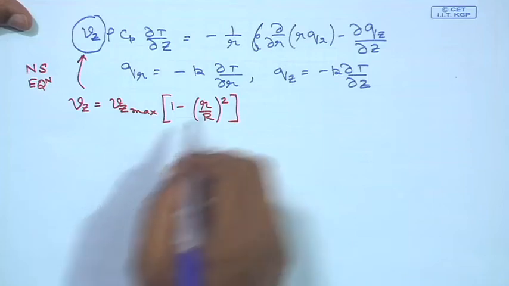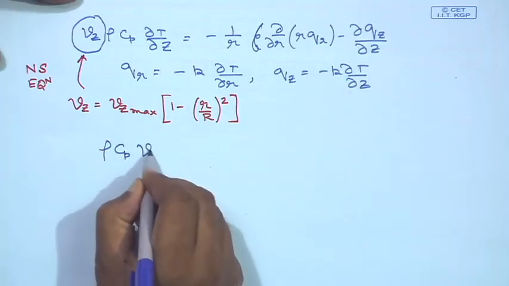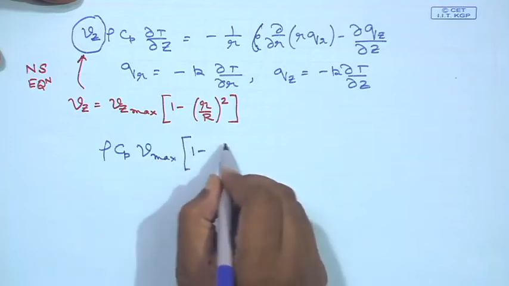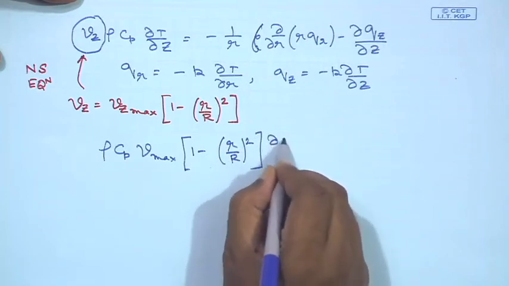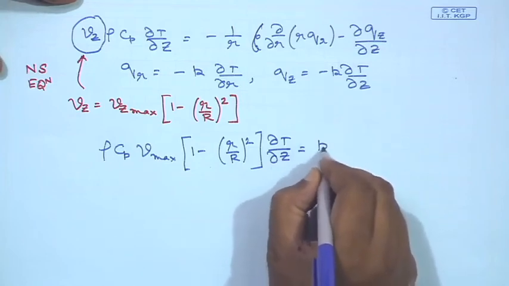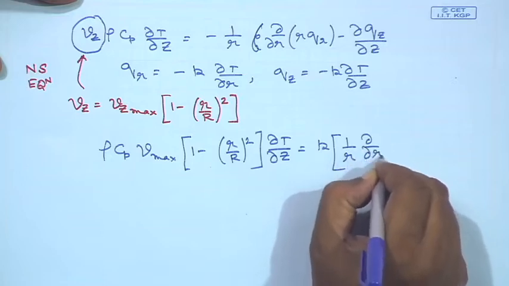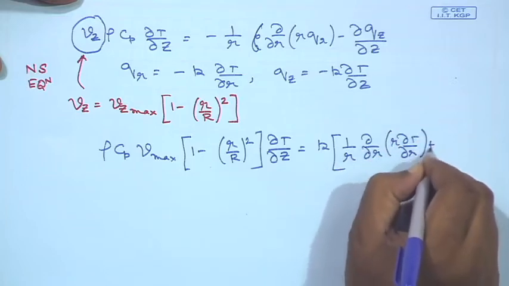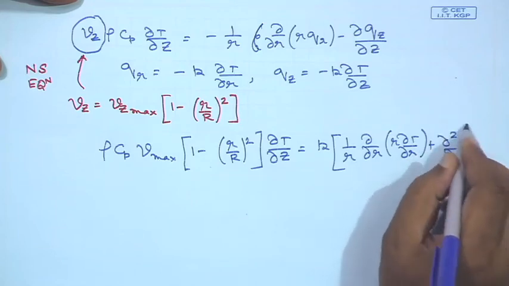Then what you would obtain as the final form of the solution is rho Cp V max, which will obviously be at the central line, times 1 minus small r by capital R whole square times del T del z, equal to k times 1 by r del by del r of r del T del r plus del 2 T by del z square.